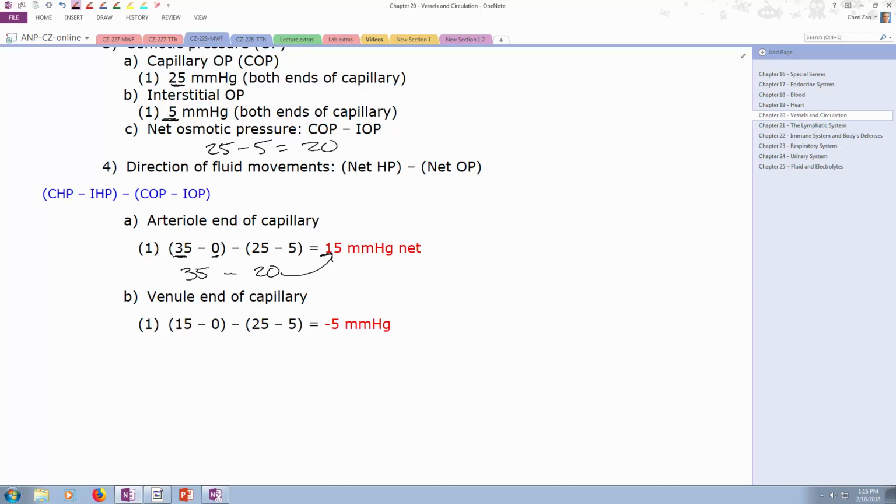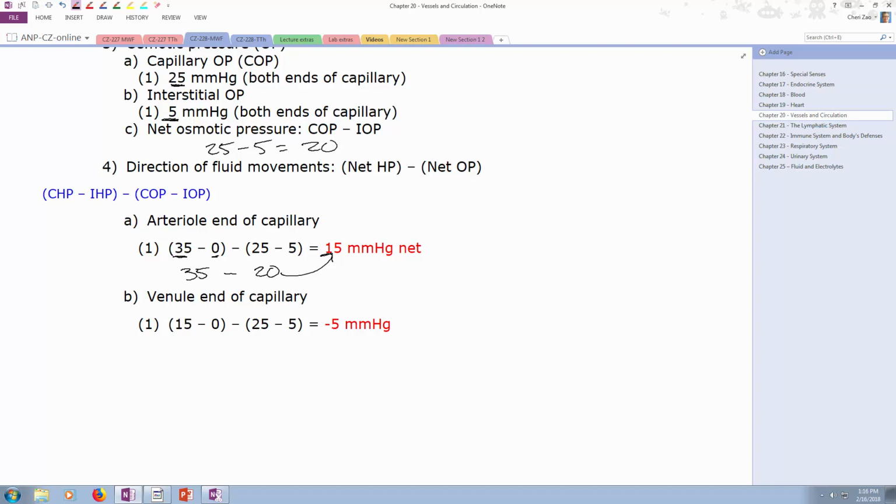Now, we want that same amount of fluid to be pulled back in on the venule end of the capillary. Otherwise, we'll end up with fluid in the interstitial spaces, which I told you we don't have, and we'll decrease our intravascular volume if we don't get this 15 back. And so a positive number means fluid is leaving, and a negative number means fluid is coming back.